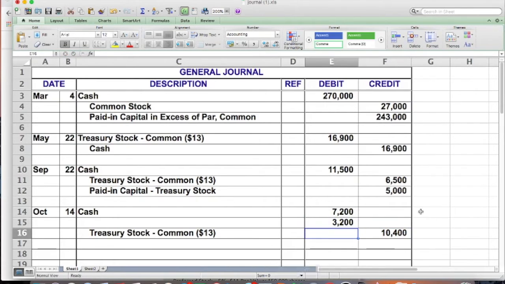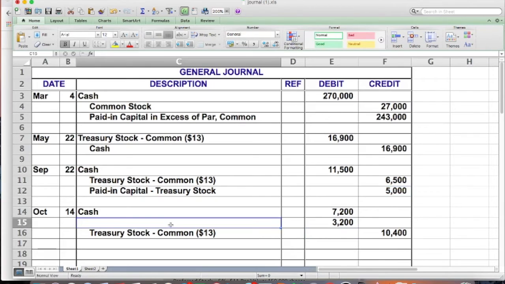All right, I can see I created this paid-in capital treasury stock account right here with a credit balance of $5,000. That means I'm fine to debit paid-in capital treasury stock for that entire $3,200. Remember, that's only okay because there's a credit balance that already exists in that account.